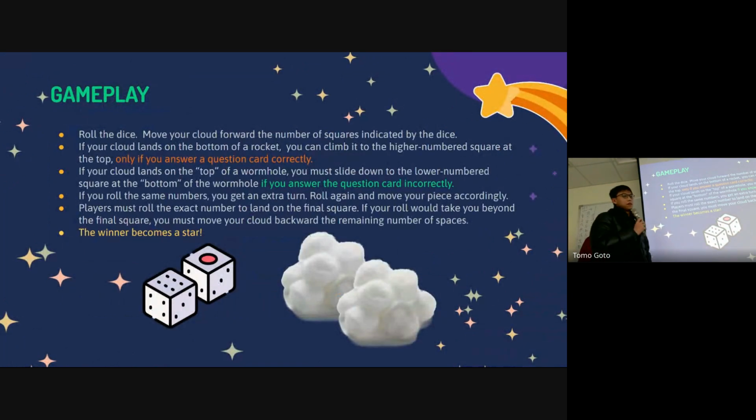So the rule of the game is basically snakes and ladders, but the difference is that when you land on the wormhole or the rocket, we give you a challenge, the game card. If you land on the rocket and you answer correctly, you can go up.